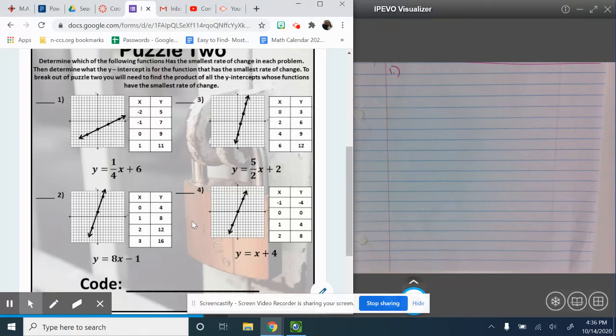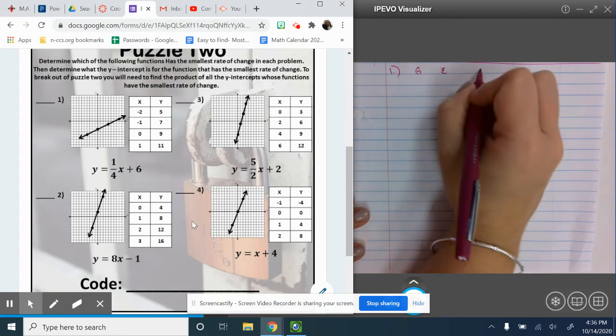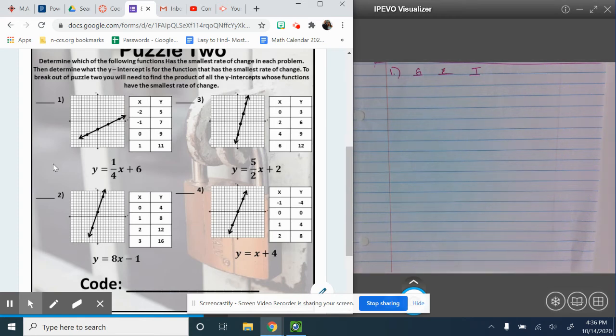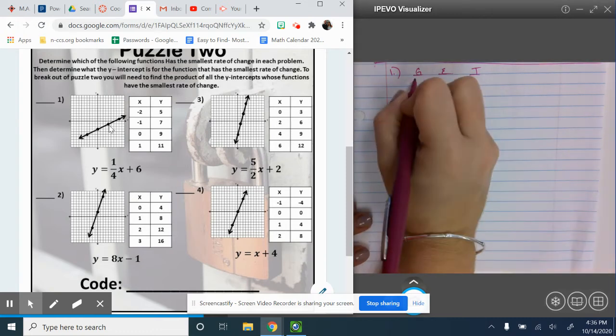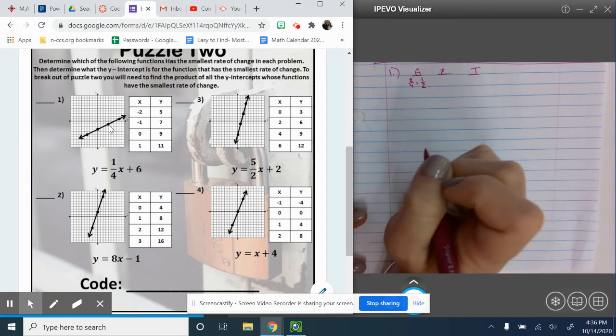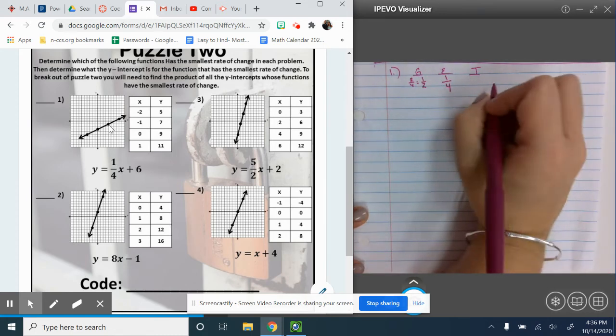So if we look at this, on number 1, we're going to find a graph, an equation, and a table. On the graph, we're going to go up 1, 2, and we're going to go over 1, 2, 3, 4. So 2 over 4, which is just 1/2. On my equation, my slope is 1/4. And then you have to find the slope from the table.